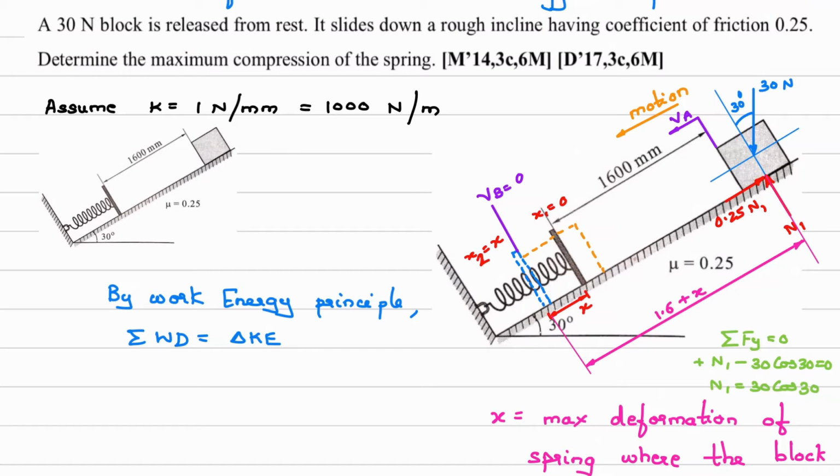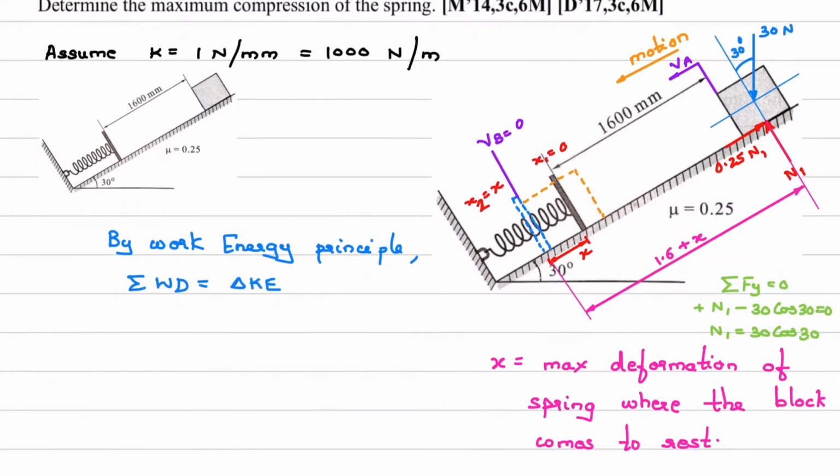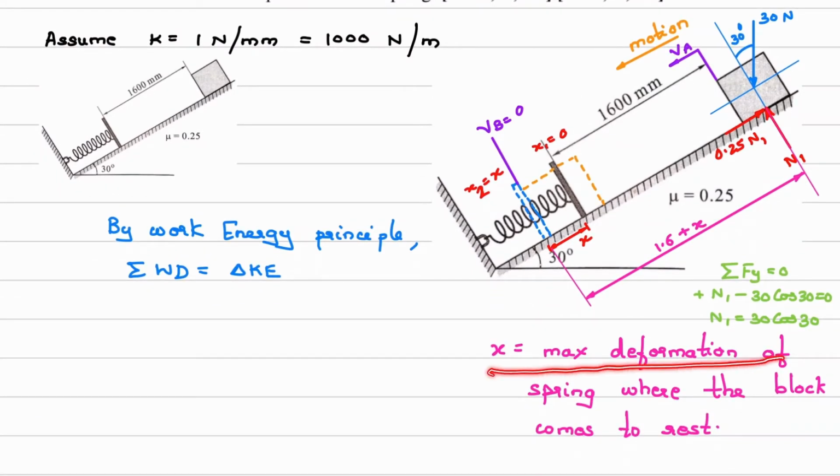What is the compressed distance? It is x, so x2 is equal to x. This is about the diagram part. Now x is the maximum deformation of the spring where the block comes to rest. Now I'll write down the equation.